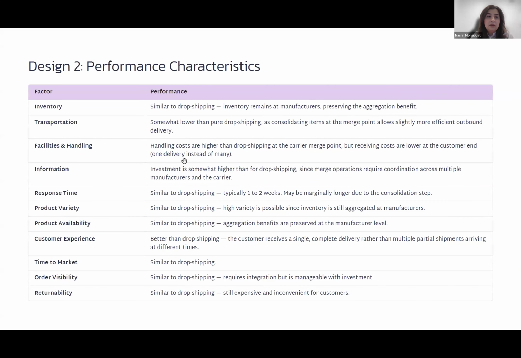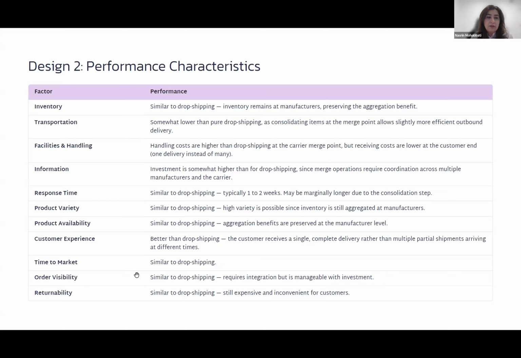And then facility cost is a little bit higher because now we need a center in an in-transit location that can do these kinds of operations. Information, again, we need a very good information system so that we can track what's going on in the entire supply chain.